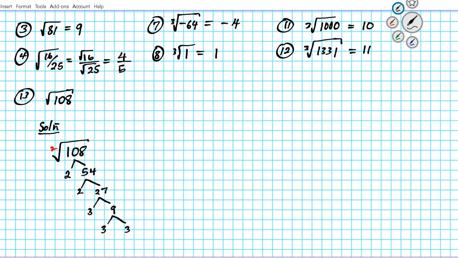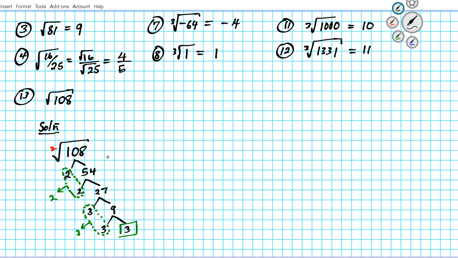Okay, so having broken it down completely, we can now look for the perfect squares that we can extract. So 2 times 2, that's a perfect square, so these two 2's can come out as a 2. And then we have another perfect square here. The square root of 3 times 3 is just 3. And then this 3 doesn't have a partner to come out with as a square, so that stays behind.